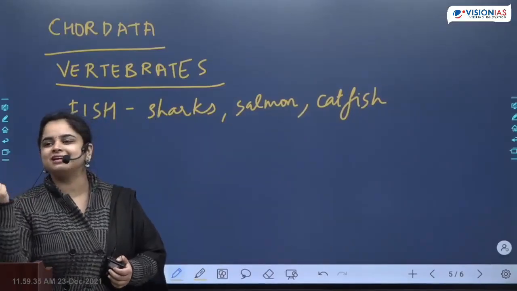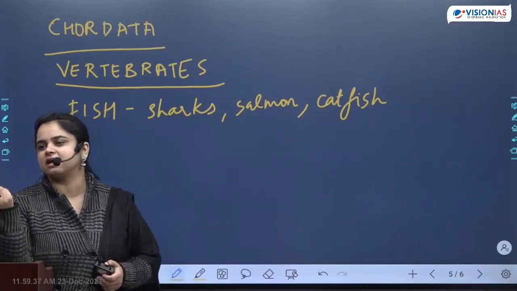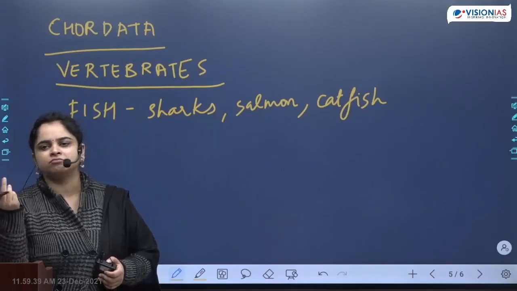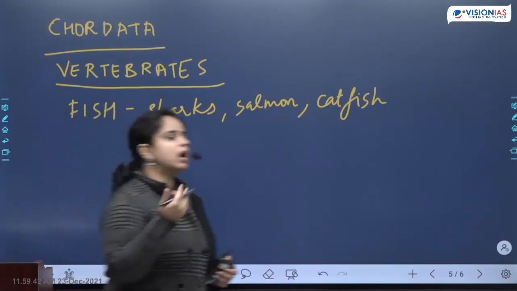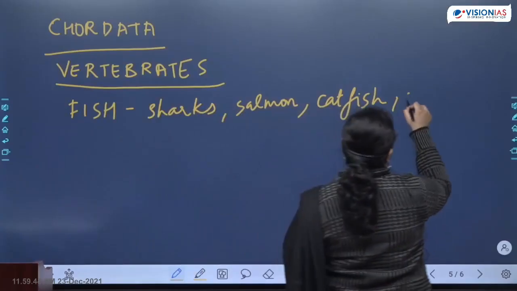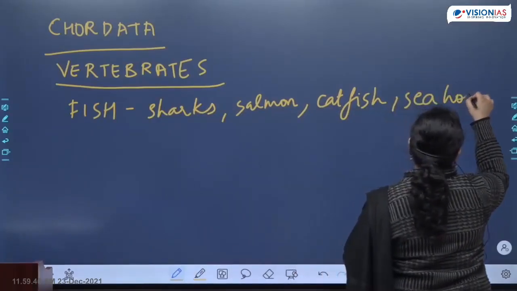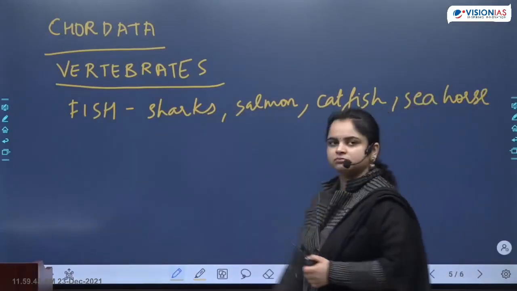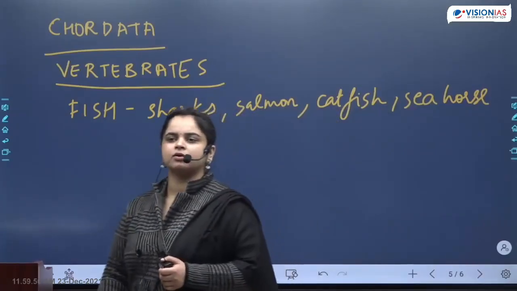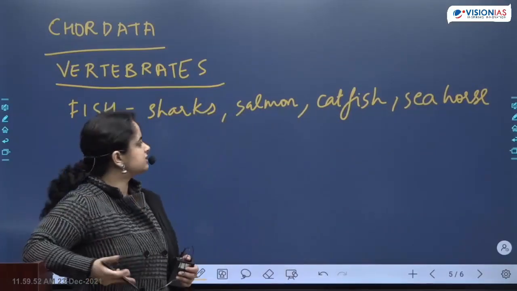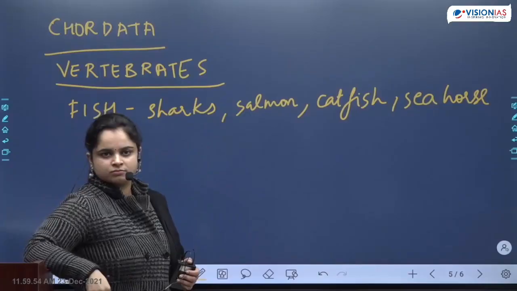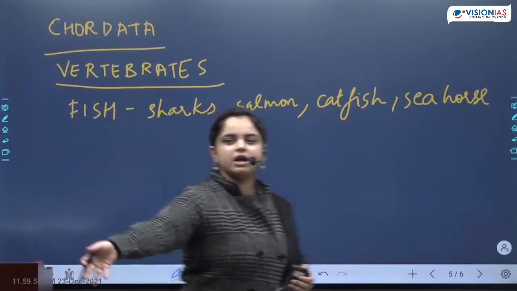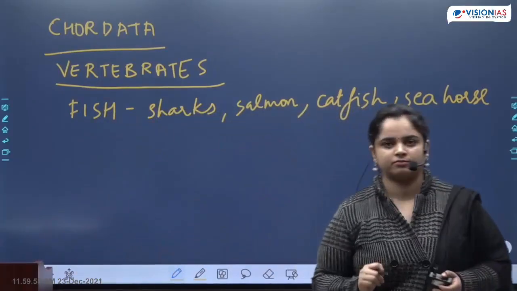So, as you read more and more, you can keep adding more examples here. The unique examples or the misnomer type examples, they are more likely to be asked. For example, you have a thing like seahorse. Okay, what is a seahorse? A seahorse is a fish, right? And then we have a sea cow, which is a mammal.